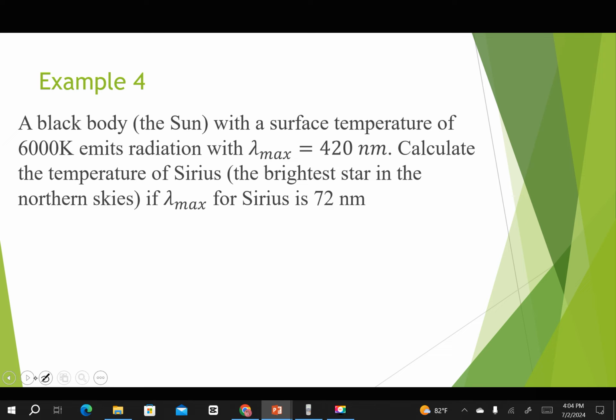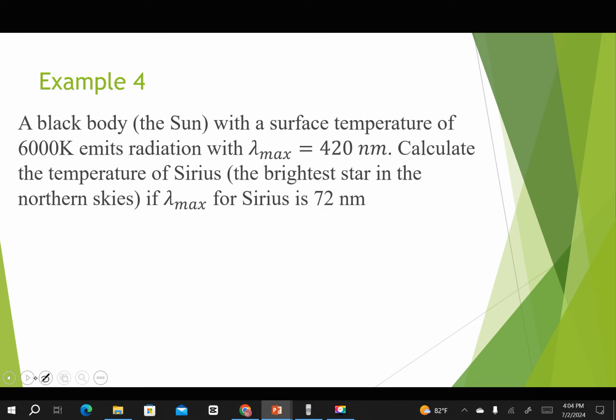Calculate the temperature of Sirius, the brightest star in the northern skies, if lambda max for Sirius is 72 nanometers. So most of the questions you'll find in the exams look like this, and they would not require you to use the constant which we have been using.